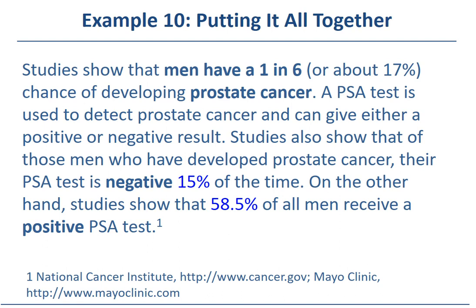Studies show that men have a 1 in 6, or about a 17% chance of developing prostate cancer. Now, in the doctor's office, they do have a test, which is called the PSA test.